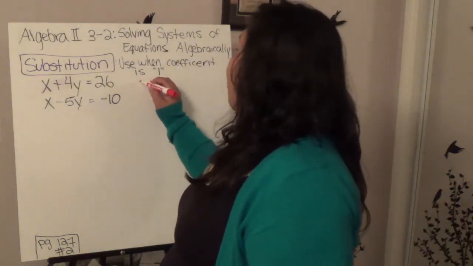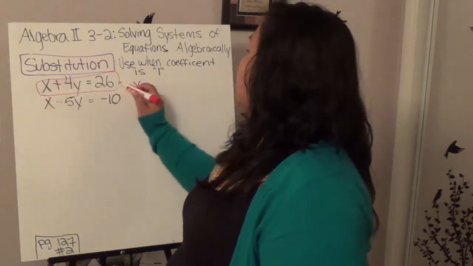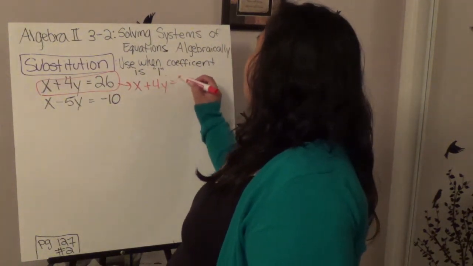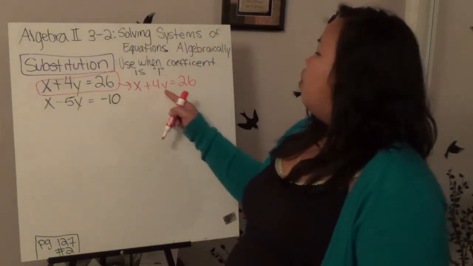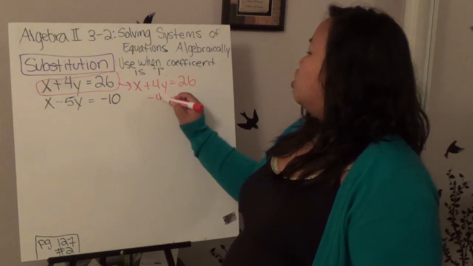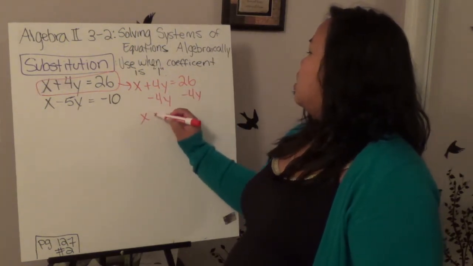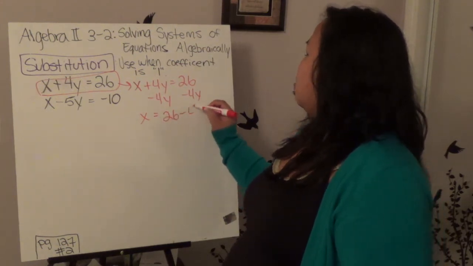So I'm going to take x plus 4y equals 26. The 4y is attached by a positive, so I'm going to subtract it. So I end up with x equals 26 minus 4y.